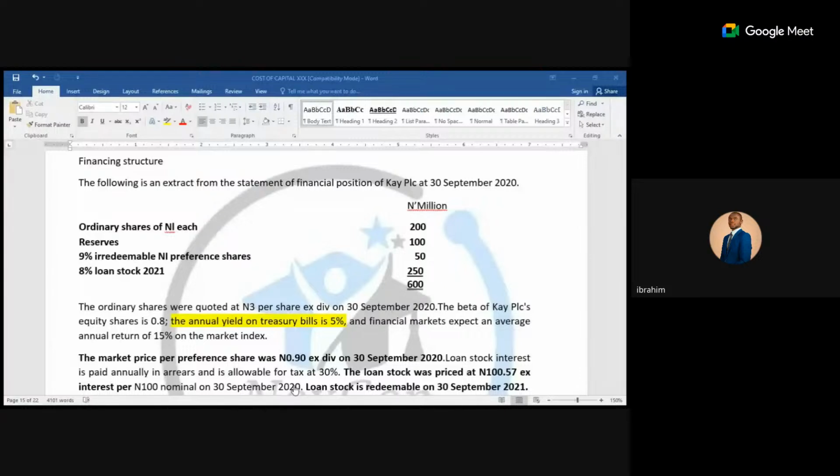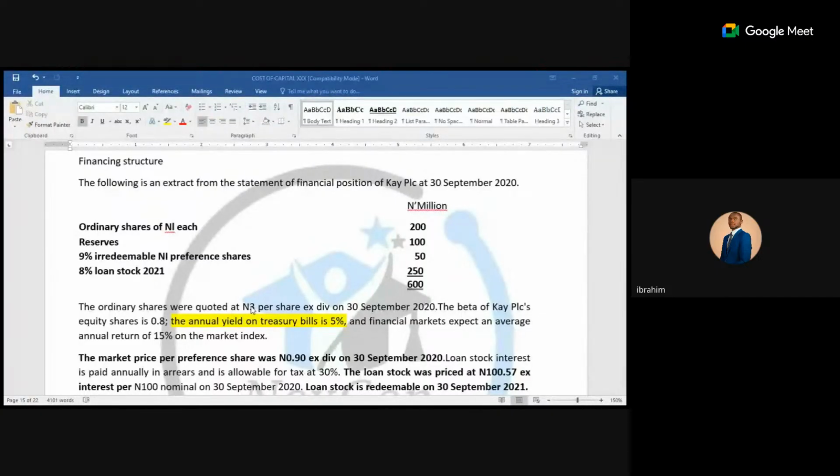Is it 200 million naira times 3 naira? I think 200 million is the number of shares, because the nominal value is 1 naira, so it is 200 million units.